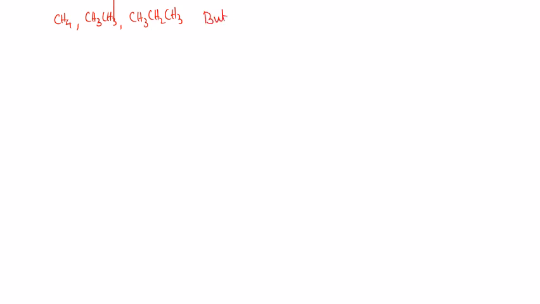Remember butane? That is nothing but CH3CH2CH2CH3. That is our butane, C4H10. The first way we can write this one is C, C, C, and C. This is the straight chain compound, which is normal butane.